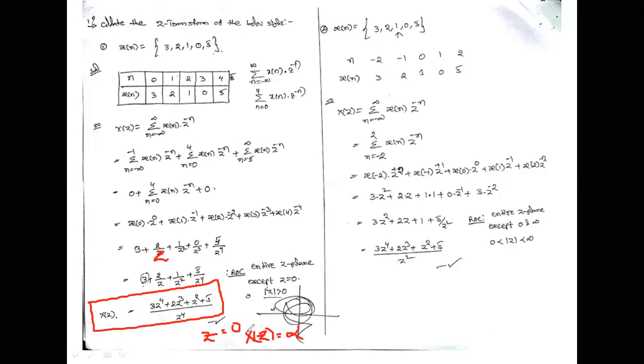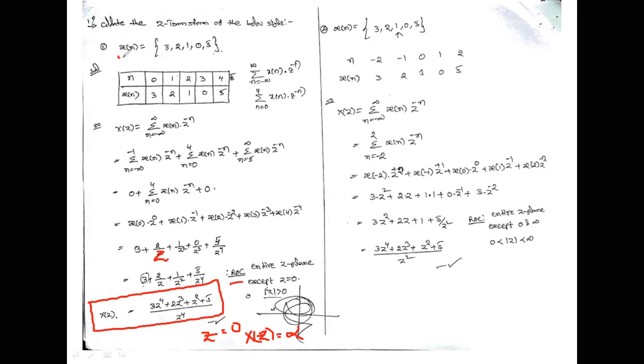Except z is equal to 0, the entire z plane is where the function x of z exists. The ROC, the region of convergence, is the entire z plane except z is equal to 0.